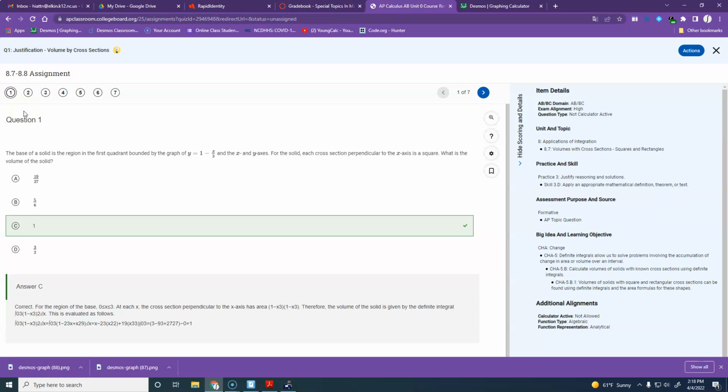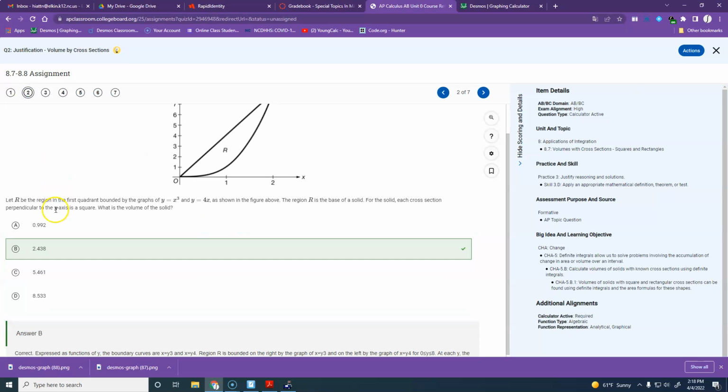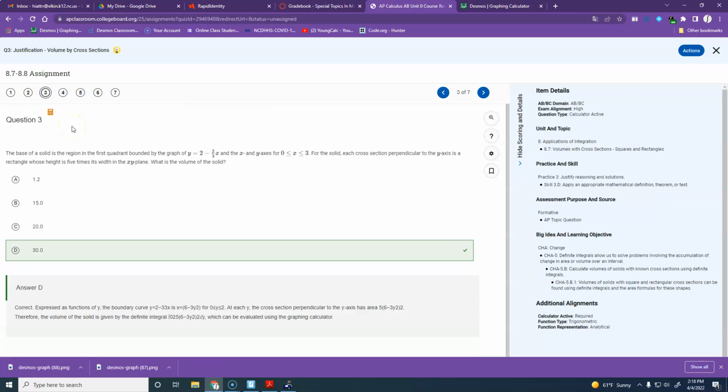Oh, I gotta check my guessing. No, sorry, I promise you I'm wrong, I'm guessing. What was the first one? C. Okay. 2 is B. And like guessing. 3 is D. I was kidding.